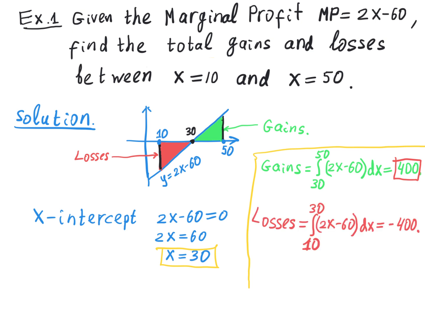Similarly, for finding losses, we integrate from x equals 10 to x equals 30, and we get minus 400. So we lose $400 on that interval. And note that gains minus losses will indeed produce zero profit.